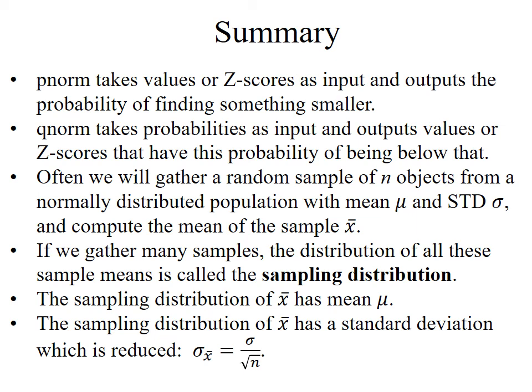The sampling distribution of many x bars will have a mean of mu, the same as the underlying population, but the important, amazing discovery is that the sampling distribution of x bar will have a standard deviation which is reduced by a factor of the square root of n, so that the standard deviation among all those x bars is sigma, the standard deviation of the population, divided by the square root of the sample size. That's an equation we're going to be using an awful lot.